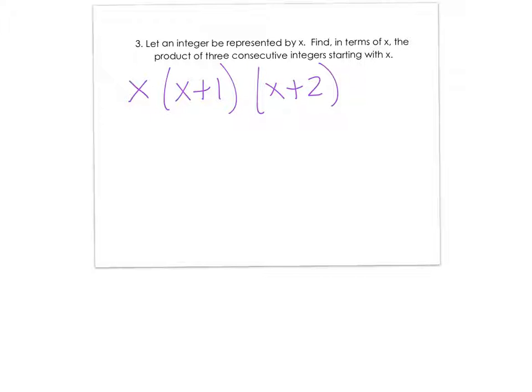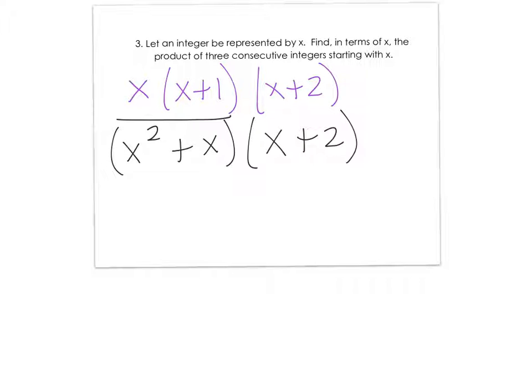So I'm going to look at the first two, and I'm going to multiply x times x plus 1 and get x squared plus x. Now I still have to multiply that by x plus 2, so I could use the box method or FOIL, whichever one. I'm going to go ahead and use FOIL right now. And I'm going to take x squared and multiply that by x and get x cubed, then x squared times 2 for 2x squared.